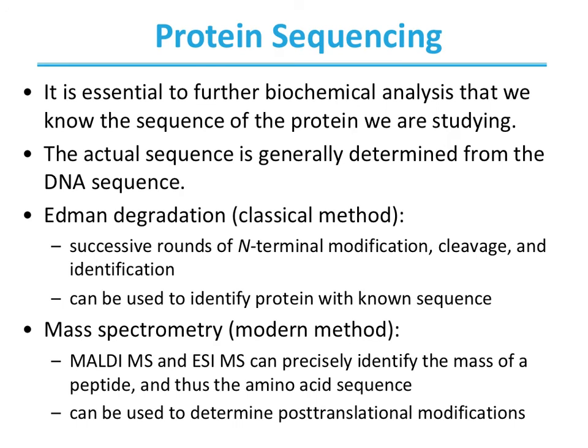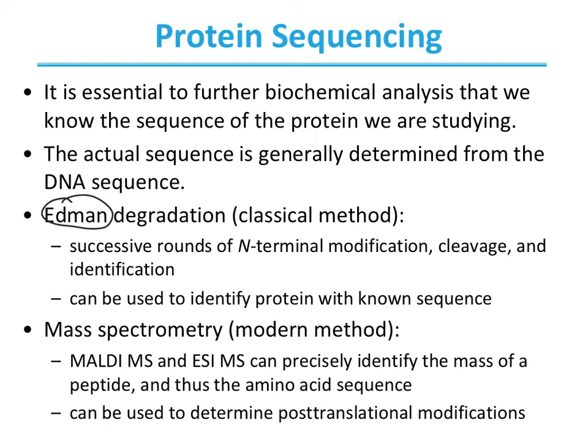It is very important to know the sequence of amino acids that make up a protein. Now, in modern times, the actual sequence is generally determined from the DNA sequence. There are other methods that you should know about. The classical method is called the Edman degradation, which involves successive rounds of N-terminal modification, cleavage, and identification.